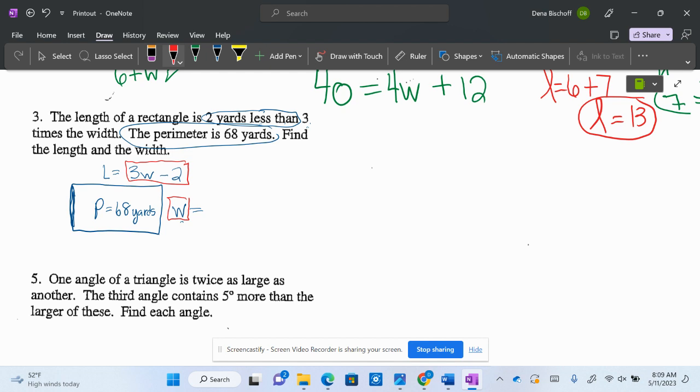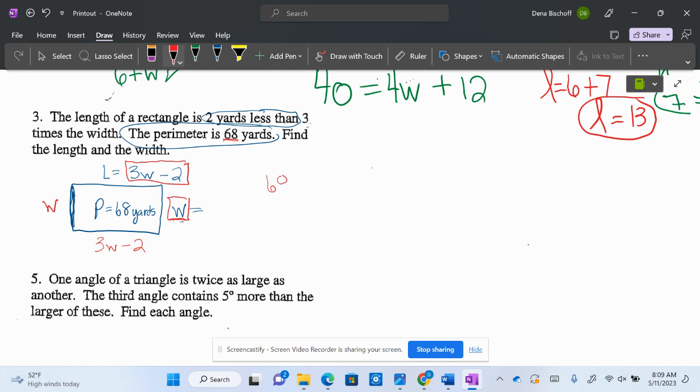So we're talking about perimeter. How did we do on the last one? What did we do to find the perimeter? We have to add up all the sides. So if this side is W, what's this side over here? W. If the top is 3W minus 2, the bottom is the same, because that's what makes a rectangle. So let's see. The perimeter is 68.